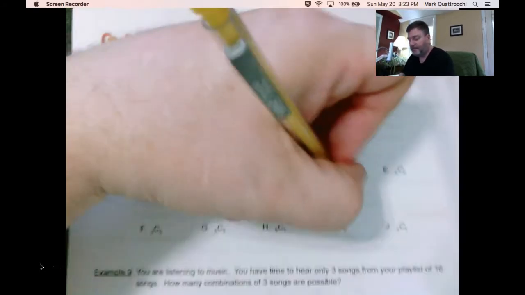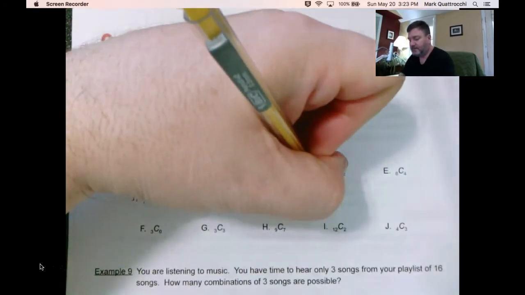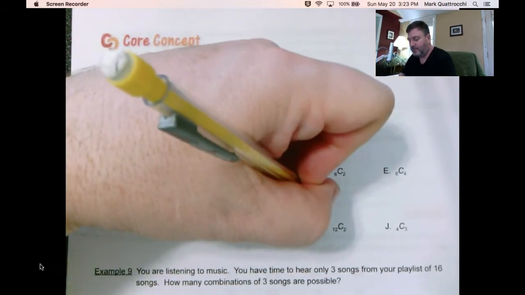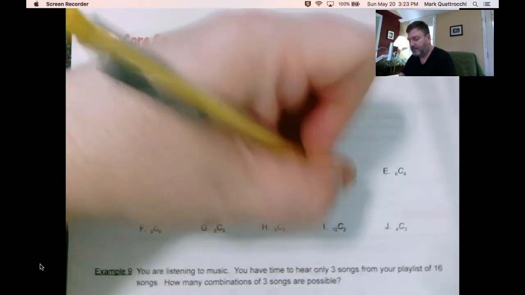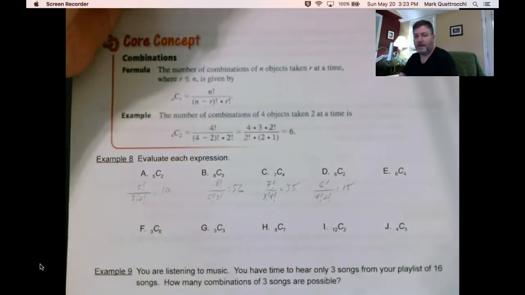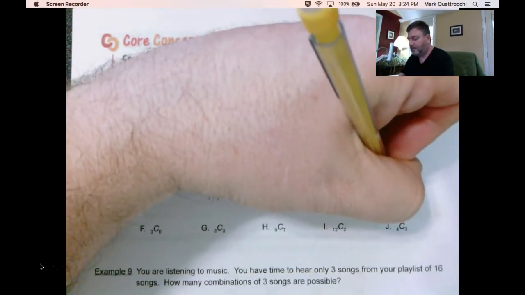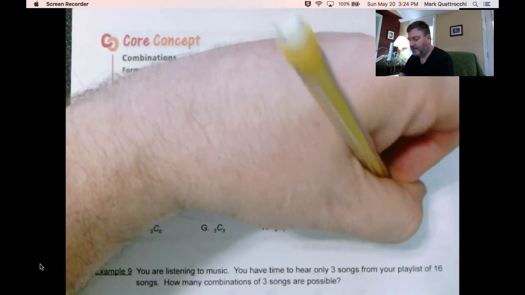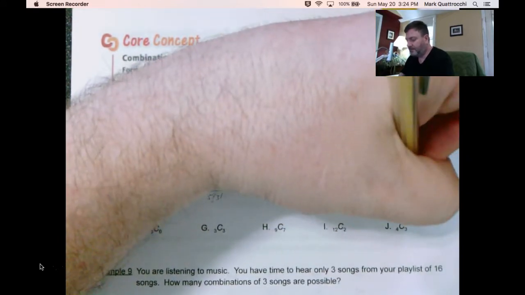For D, 6 choose 2, 6 factorial over 4 factorial 2 factorial, this one's equal to 15. Again, this is just good practice with your calculators and with the formula. 6 factorial over 2 factorial 4 factorial gives us 15 again.